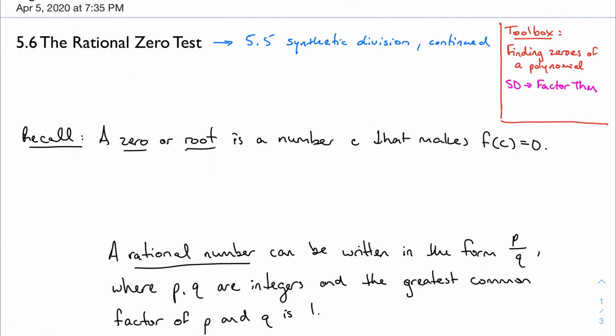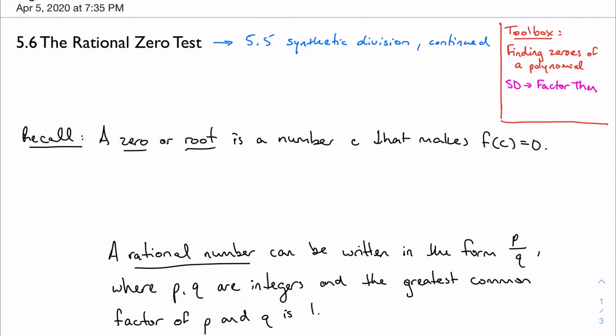The factor theorem tells us if I take a number and divide through using synthetic division and I get a remainder of 0, then that number is a factor. And if that number is a factor, then that number is also a 0 of the polynomial. So this is something we already have at our disposal.